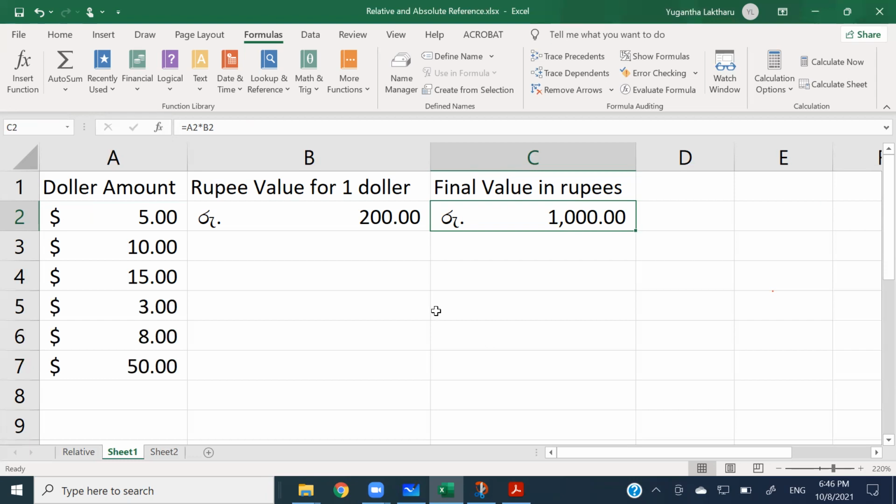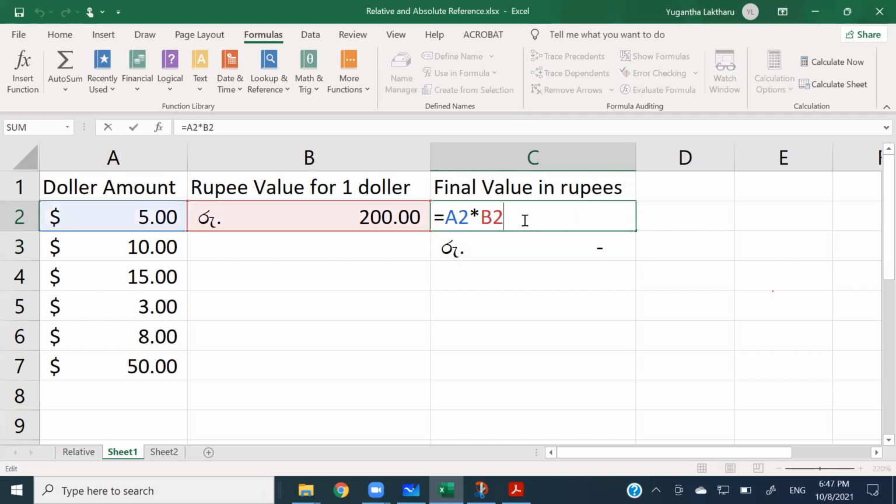Now, if I want the calculation of this $10 over here, if I copy the formula inside this and copy it down with the fill handle, I am going to face a trouble. It is because in this cell it is going to have the value by taking A2 into B2. So that is okay. It will give me the answer, fine.